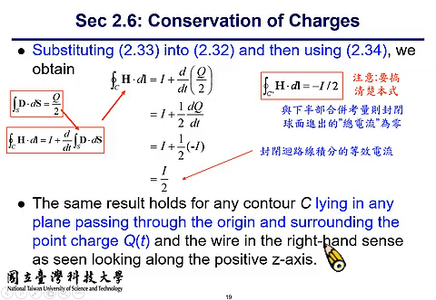Why? Because C and C prime are the same contour of opposite direction, so the sum of the two should equal 0. Also, the total current, including the actual current and the displacement current flowing out of a closed surface, should be 0 at all times.